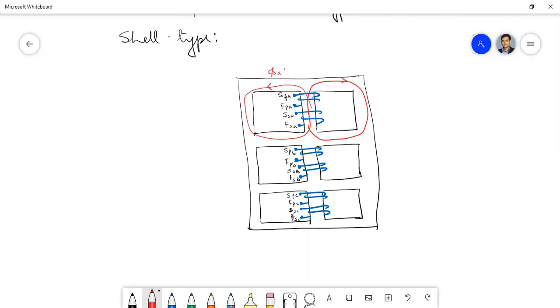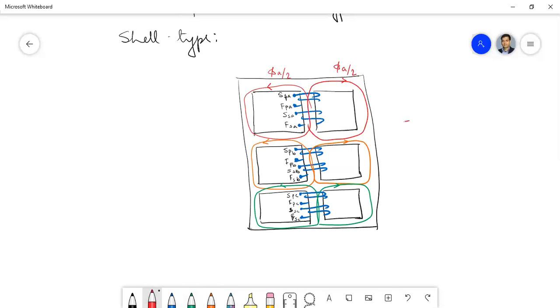You can say these are the flux lines for A, and this is for B. So these are the flux lines for B, and this is the flux lines for C. I have used the same color for the three phase fluxes.